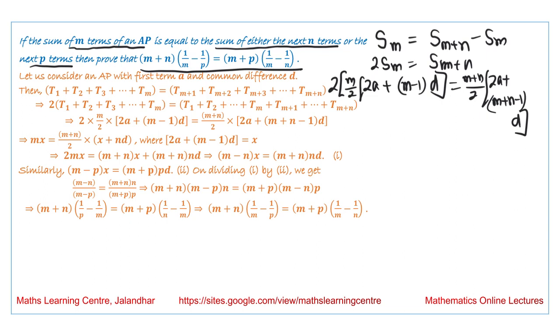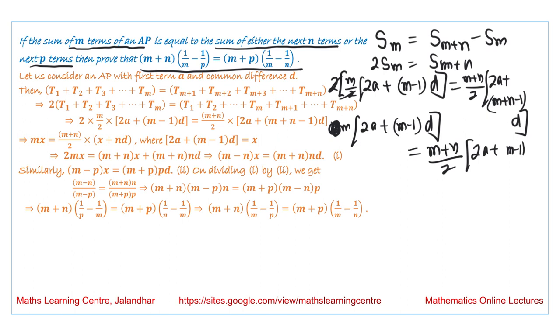Now if we simplify these terms, the 2 gets cancelled, and it is 2m into (2a plus (m minus 1)d) equal to (m plus n) into (2a plus (m minus 1)d plus nd).